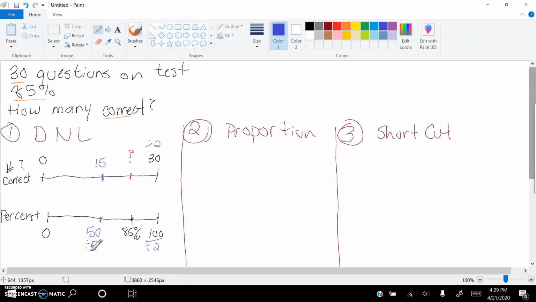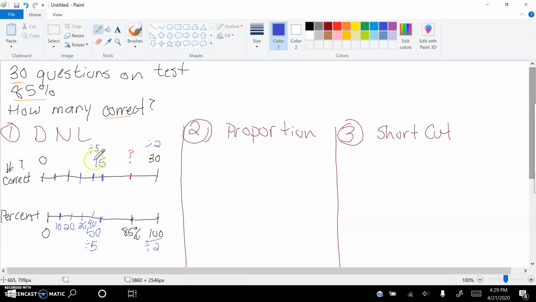I need to go up 5 points to go from 0 to 50. So each of those would be 10%. So 10, 20, 30, 40, and then 50.